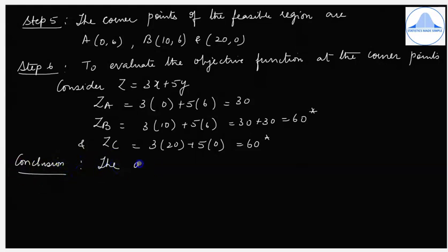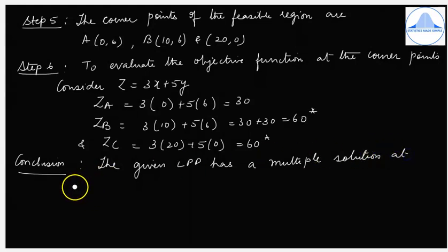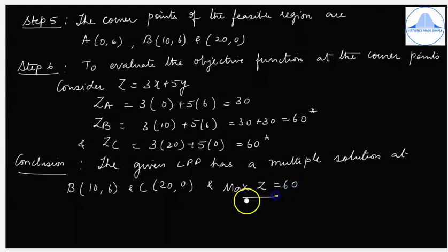The given LPP has a multiple solution at, so you have to mention what are the corner points, at B (10, 6) and C (20, 0), and maximum Z value is equal to 60. So this problem has a multiple solution.